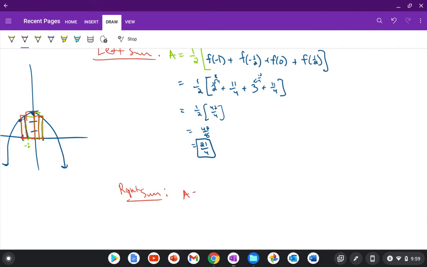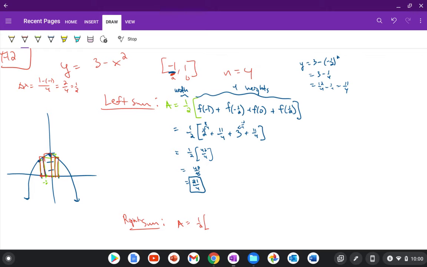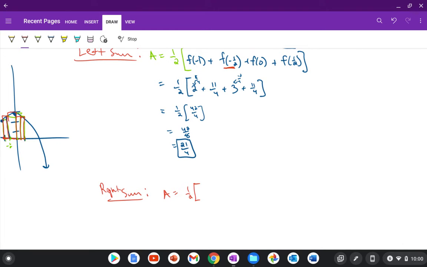It's going to work very similar. We're going to pull the 1/2 out in front. But now instead of starting with -1, we're just going to start with the next one that we had. We're going to add delta x to it. So that's going to be f of -1/2, and then plus f of 0.